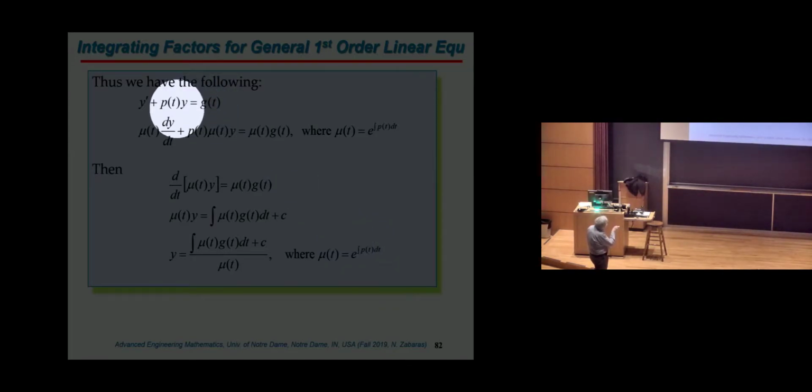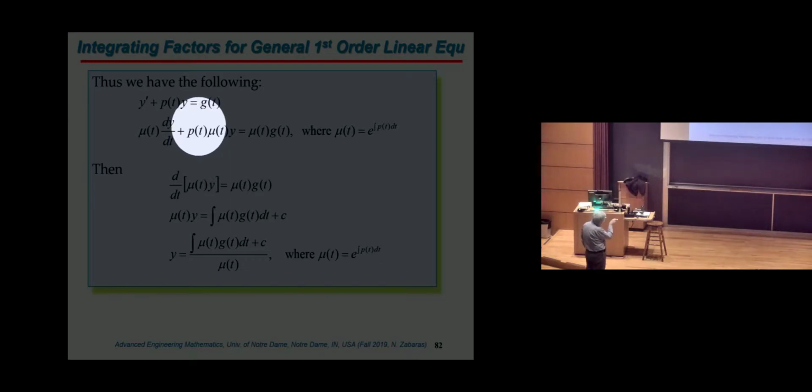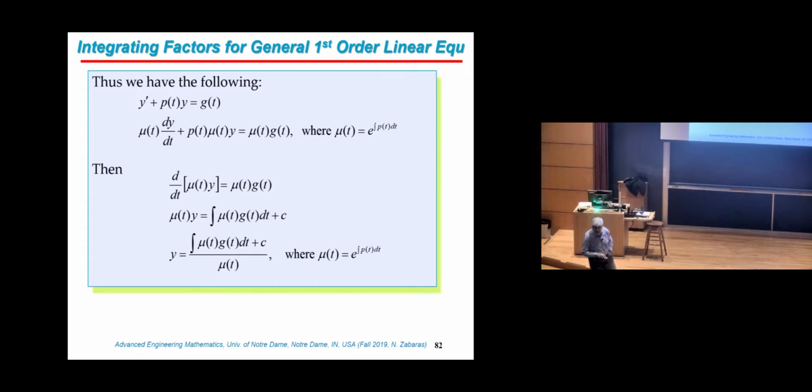Remember, you told me that I am going to use that the derivative of mu with respect to t has to be equal to what? The derivative of mu with respect to t, to make this method work, has to be equal to p. So if you have d mu over dt equal to p, what is mu? No, I'm sorry. The derivative of mu over dt has to be not equal to p, it has to be equal to what? p times mu, right?